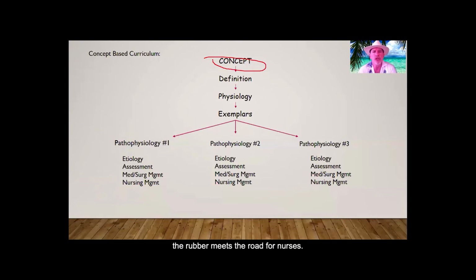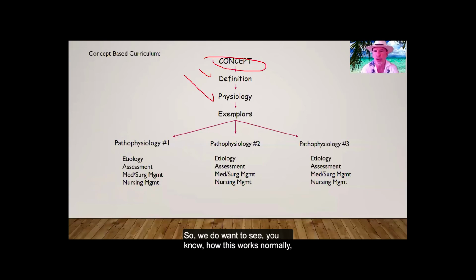This is where the rubber meets the road for nurses. The first thing we will do within this curriculum is define the concept. What is mobility? It's the ability for people to get up and move around and use their musculoskeletal system to do activities of daily living. So we do want to see how this works normally.